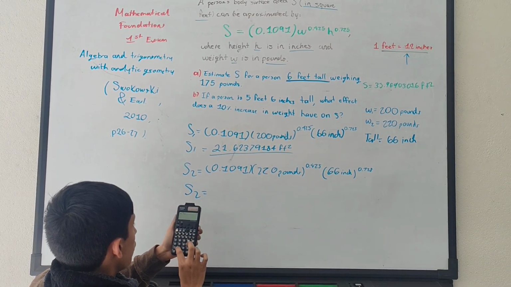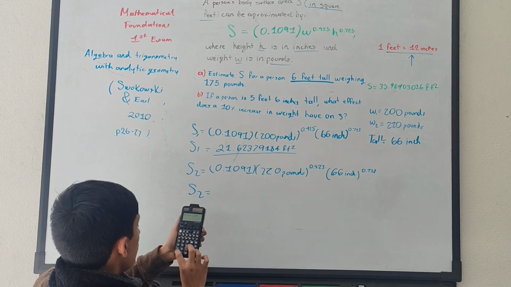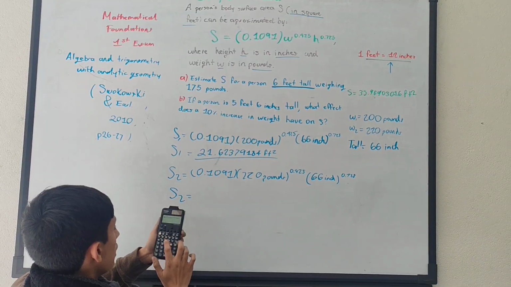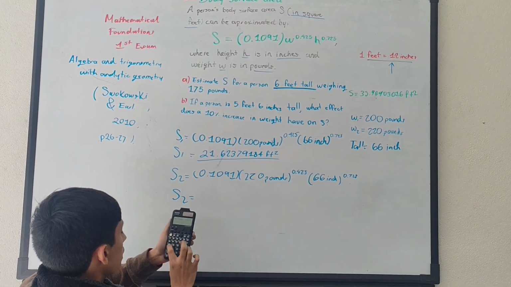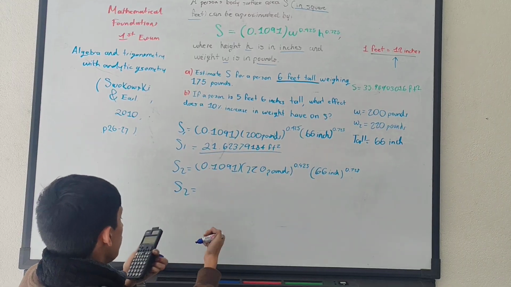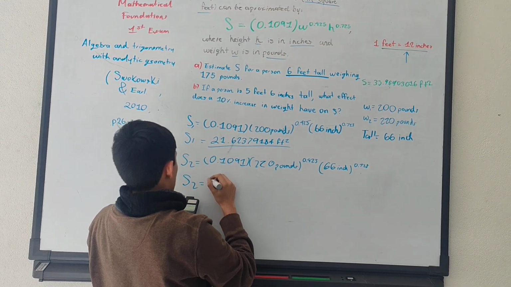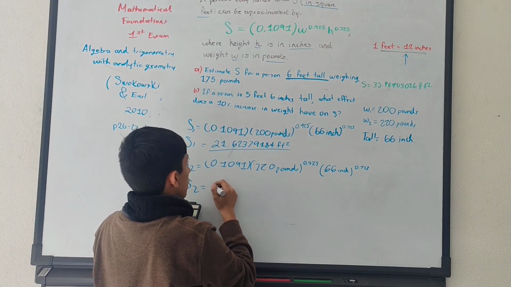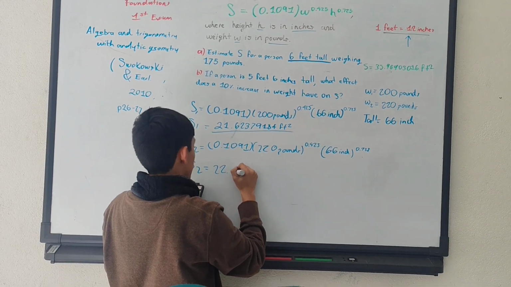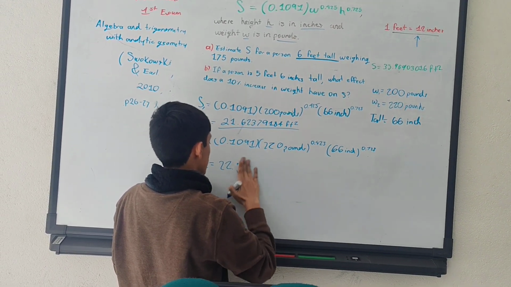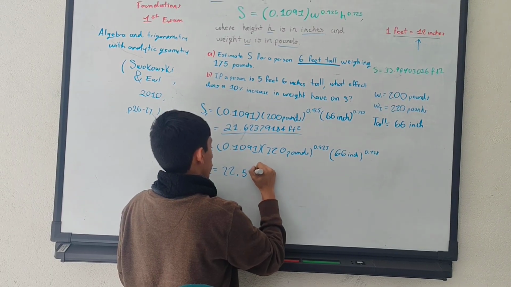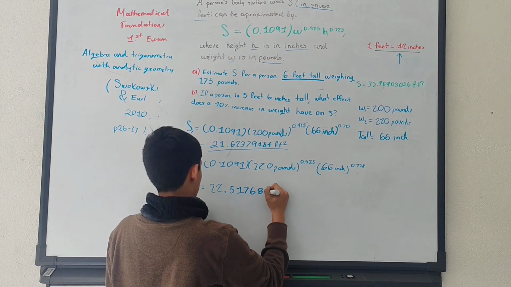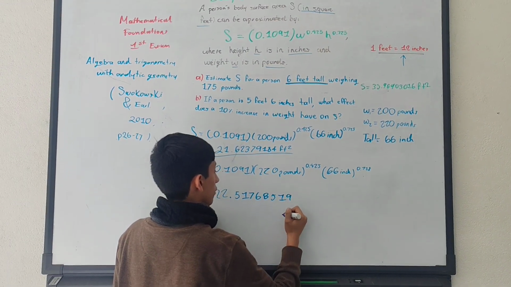0.1091 times 220 pounds raised to the 0.425 power times 66 inches raised to the 0.725 power. It should be equal to, well, I think that I made a mistake right here. No, I'm okay. 22.51. Well, it doesn't seem like the outcome, 0.5176859119.